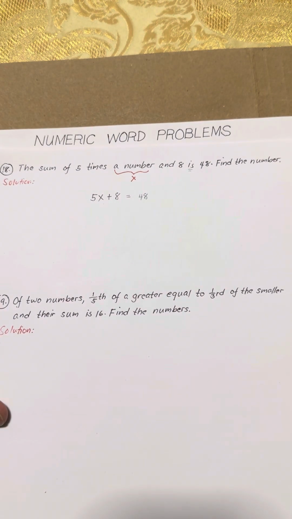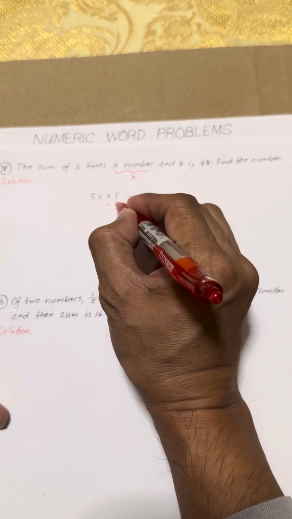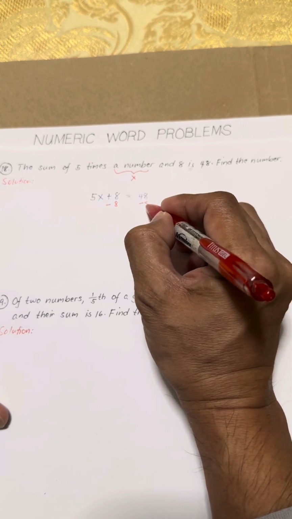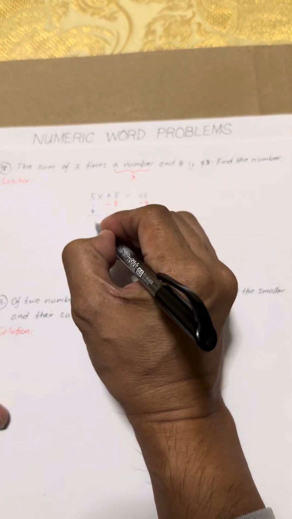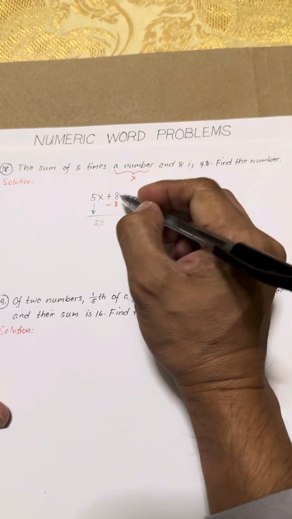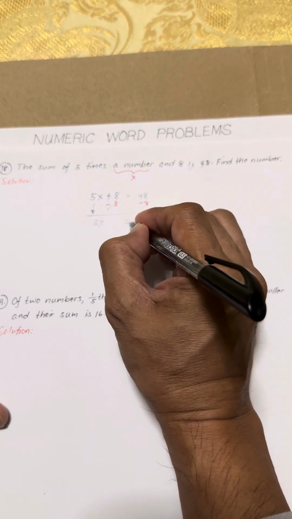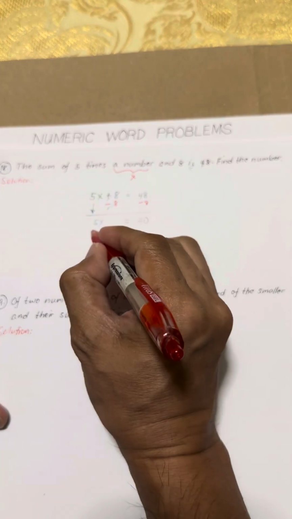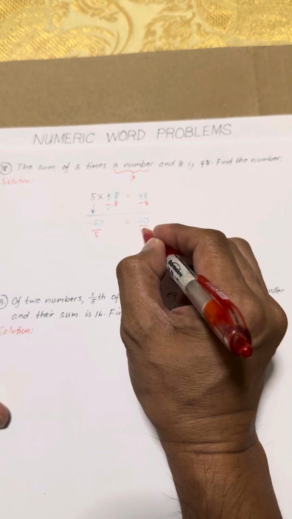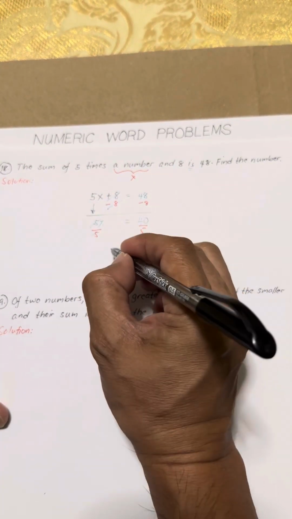To solve the equation, same technique to solve it very quickly. Subtract both sides by 8. Then bring this down, so we have 5x. This cancels out: positive 8 and negative 8 equal 0. On the right side we have 40. Dividing both sides by 5, the 5 at the numerator cancels out with the 5 at the denominator.